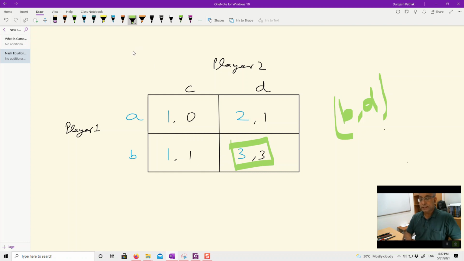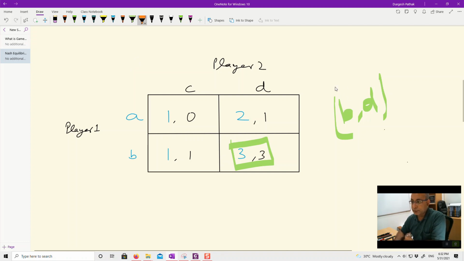Now see what is happening about the strictness of the Nash equilibrium. Here the Nash equilibrium action of player 1 is B, and that of player 2 is D. Suppose player 1 says, I would not play B, rather I would play A. Then he gets 2 instead of 3.